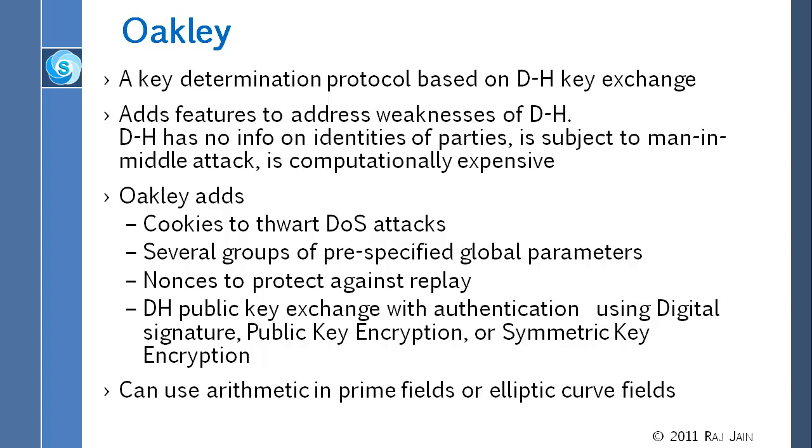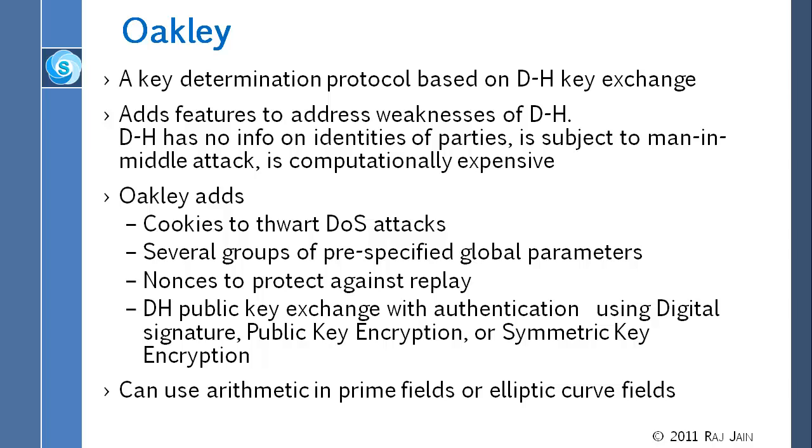Nonces to protect against replay. So that adds nonces. And then DH public key exchange with authentication using digital signatures, public key encryption, or symmetric key encryption. So you can even use public key encryption, which means you could use certificates and things like that, including symmetric key encryption if you already had a symmetric key.